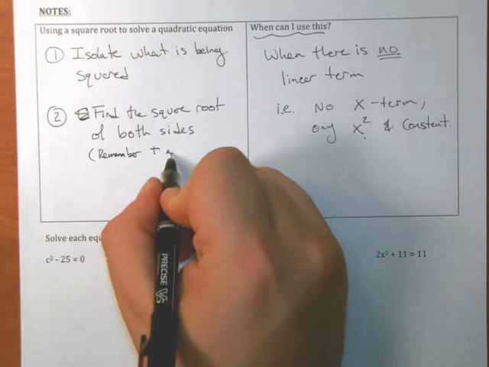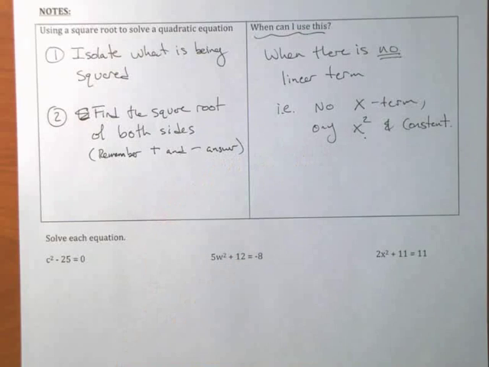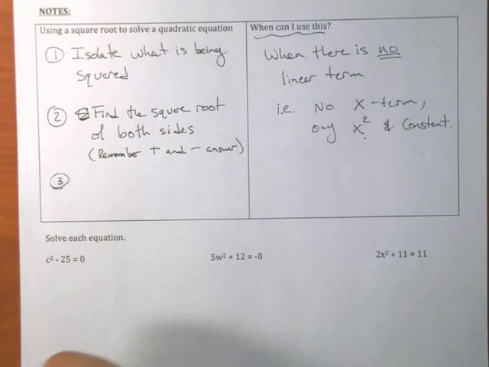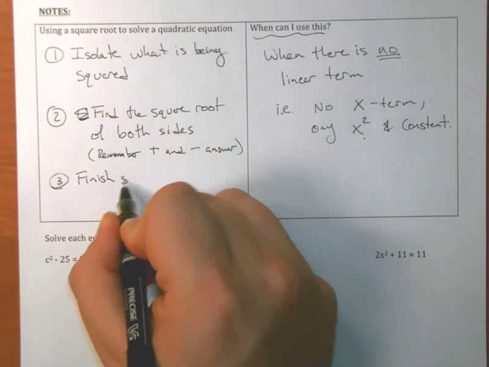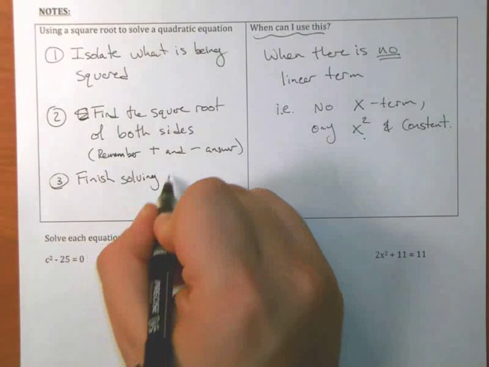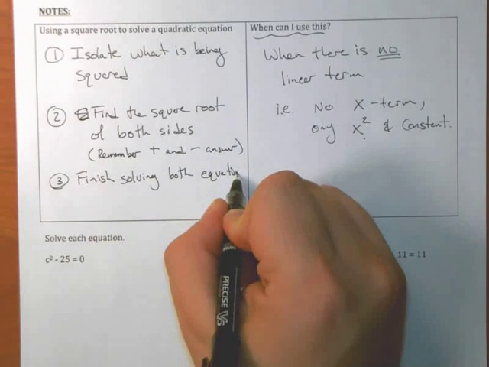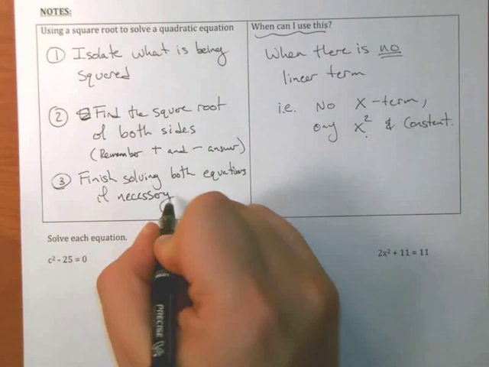Remember, there's going to be a positive and negative answer to this step. And then third, finish solving both equations if necessary.